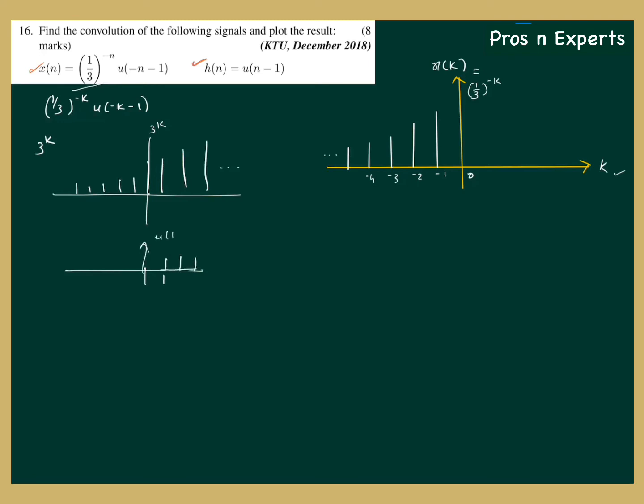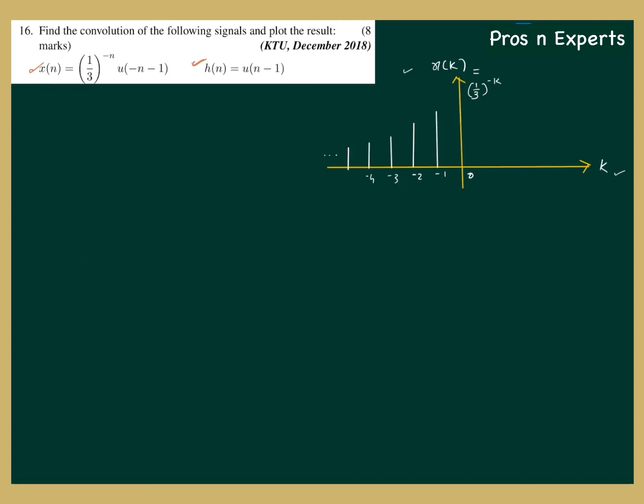This is u of k minus 1. What is u of minus k minus 1? You flip it about the y-axis, time reversal. So that will be from minus 1 to the left side. This is u of minus k minus 1. So if you multiply 3 raised to k and u of minus k minus 1, the result will be an exponential signal from minus infinity to minus 1. That is shown here.